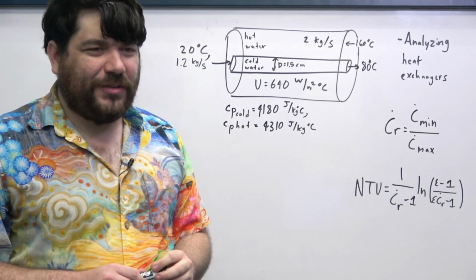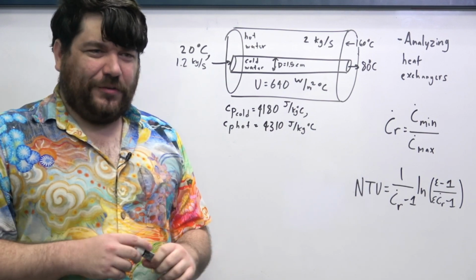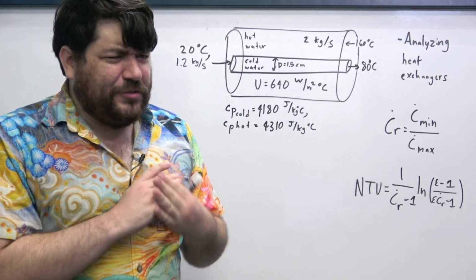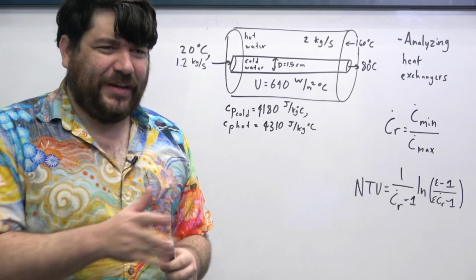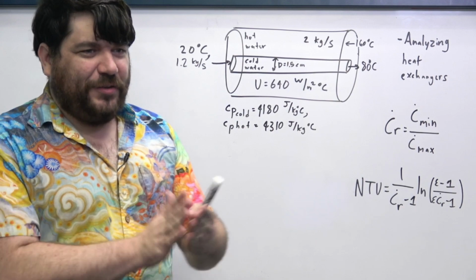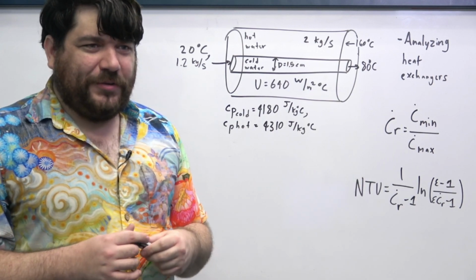So this is kind of an unorthodox question from the perspective of what we usually do for heat transfer. Usually we're trying to look for heat transfer coefficients, or we're trying to look for heat transfer rates. But in this case, we're actually trying to create a design parameter, so to speak.